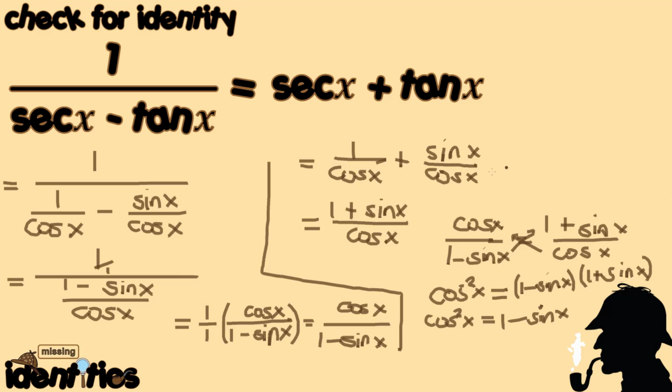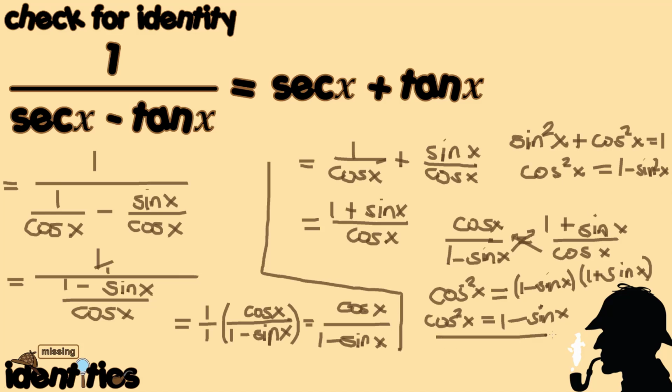Now notice we have one of the important trigonometric identities, specifically the Pythagorean identities, in this form: sine squared x plus cosine squared x is equal to 1. This is one of the Pythagorean identities that is actually taken from the unit circle. Now if we subtract sine squared x from both sides, you're left with cosine squared x is equal to 1 minus sine squared x.